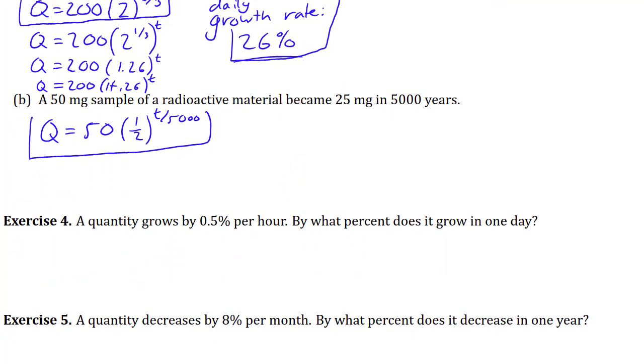Now to get the yearly decay rate, we're going to write this as 50 times 1/2 to the power 1 over 5,000, and then that to the power t.